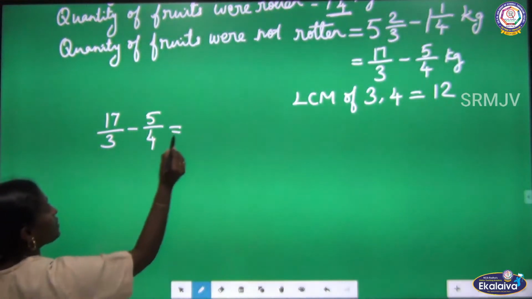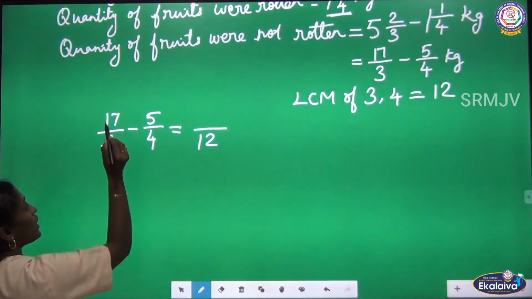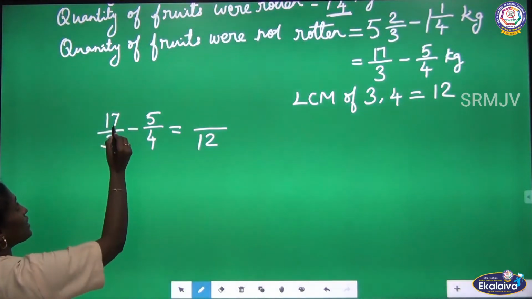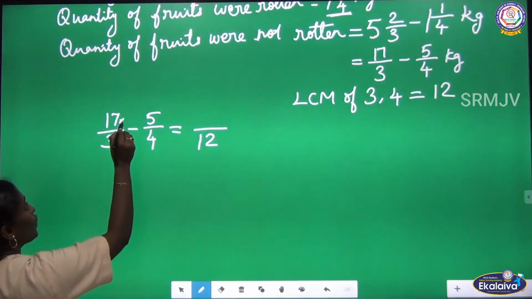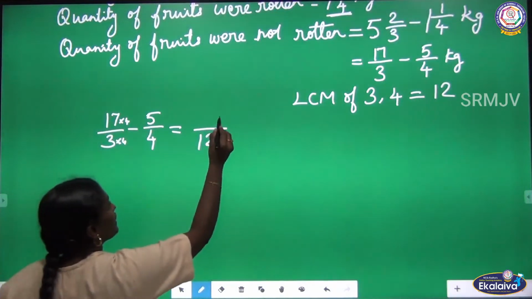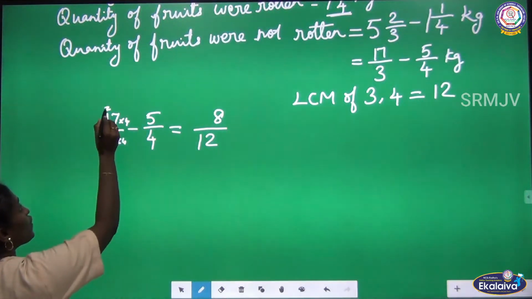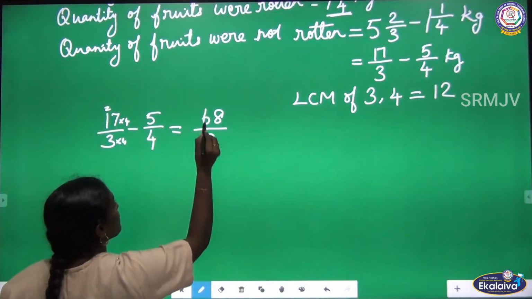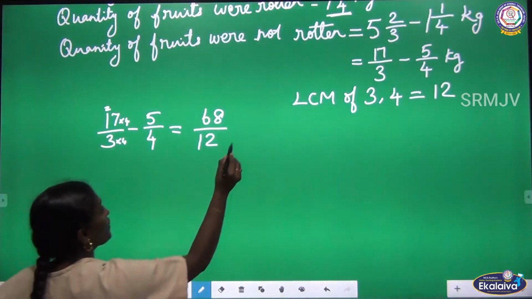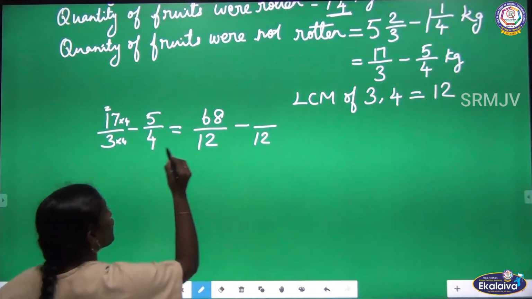Okay, in 3 table when will you get 12? 3 4s are 12. So we have to multiply the numerator 17 by 4. Here 4 7s are 28, 8 here, 2 carry over, 4 1s are 4, 4 plus 2, 6. We will get 68/12 minus. In 4 table when will you get 12? 4 3s are 12.